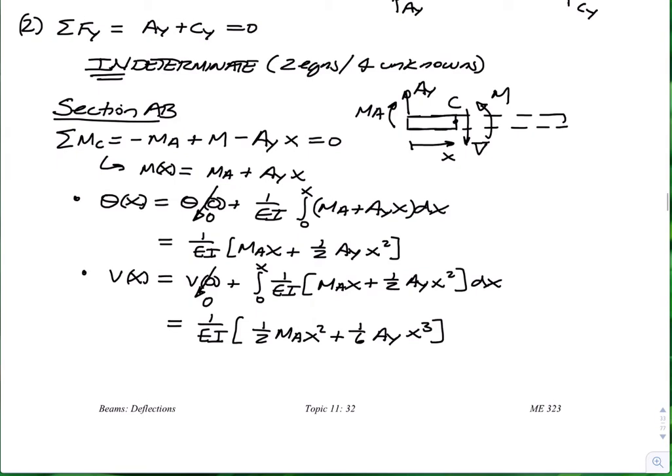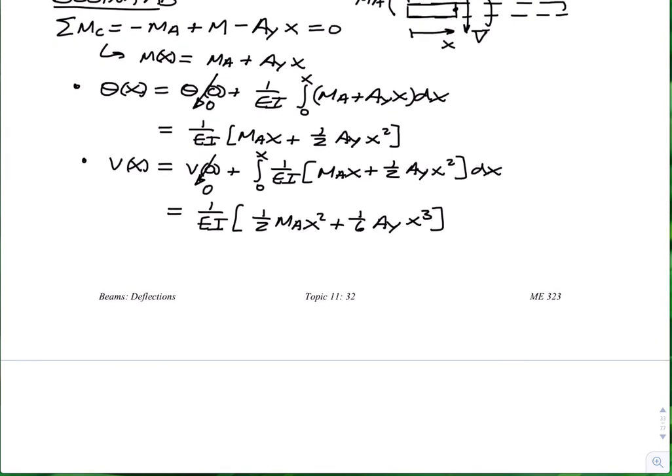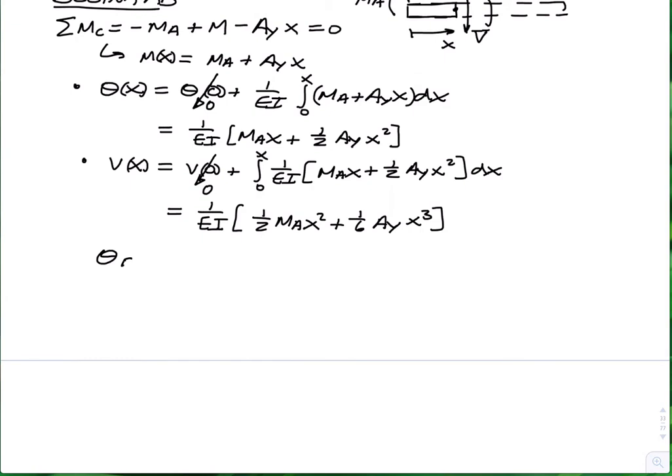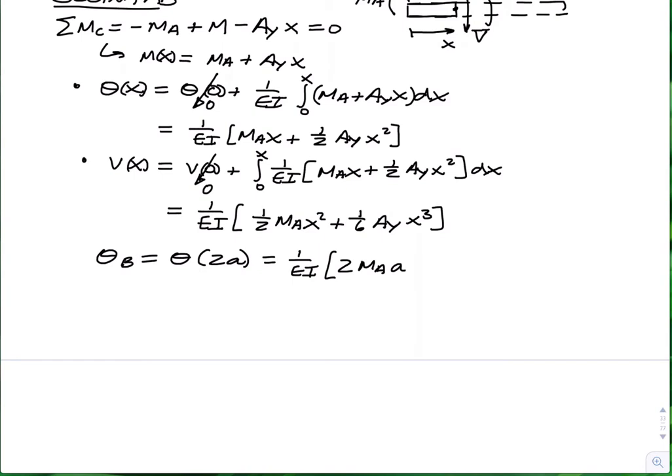And then for later use, I'm going to figure out what theta and the displacement are for point B. So theta B, which is equal to theta at 2A, is equal to 1 over EI times 2 MA times A plus 2 AY A squared. This is going to be my equation 3.